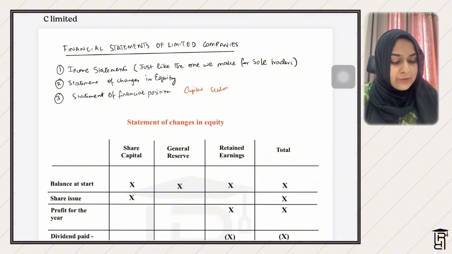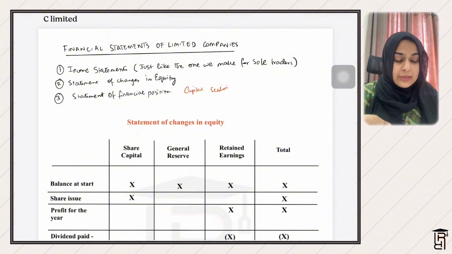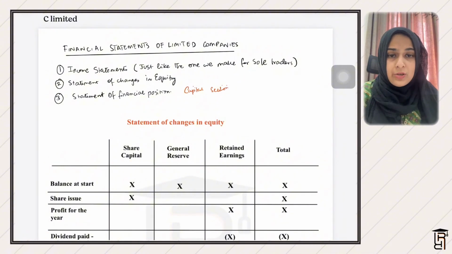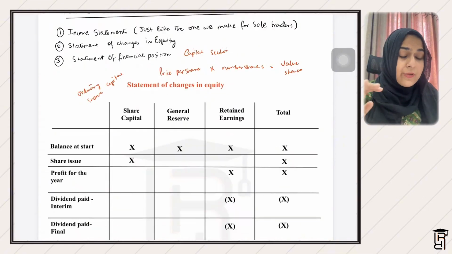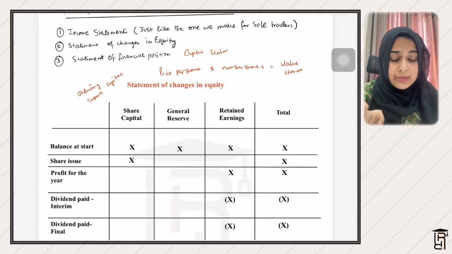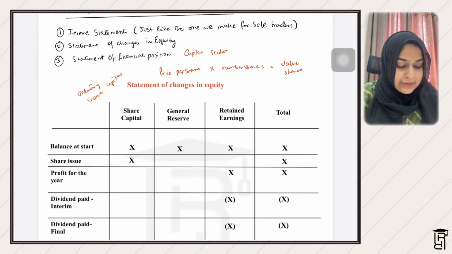Whatever the price per share is, we multiply this by the number of shares, and that gives us the value of shares. Let's say the price per share is $1 and the number of shares is 500,000, so your value of shares is $500,000. Share capital is exactly that.